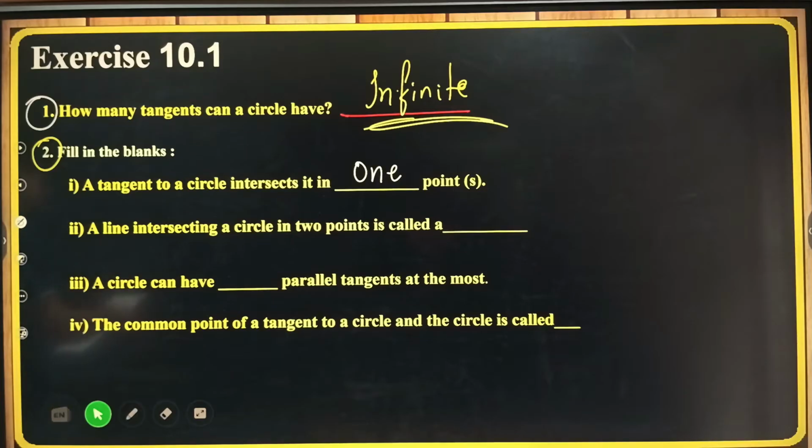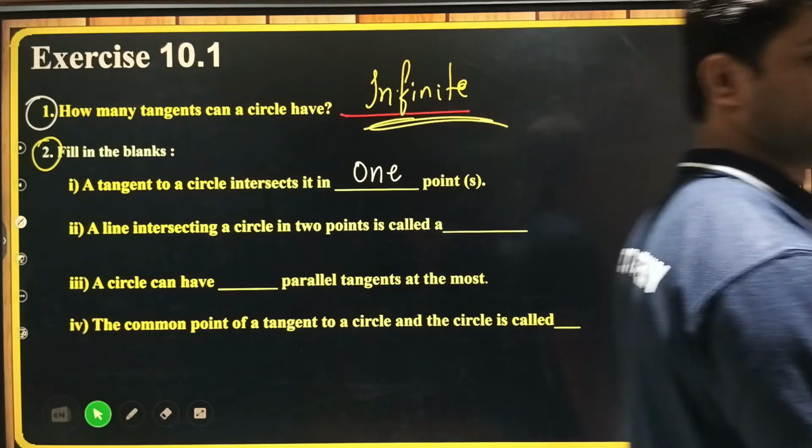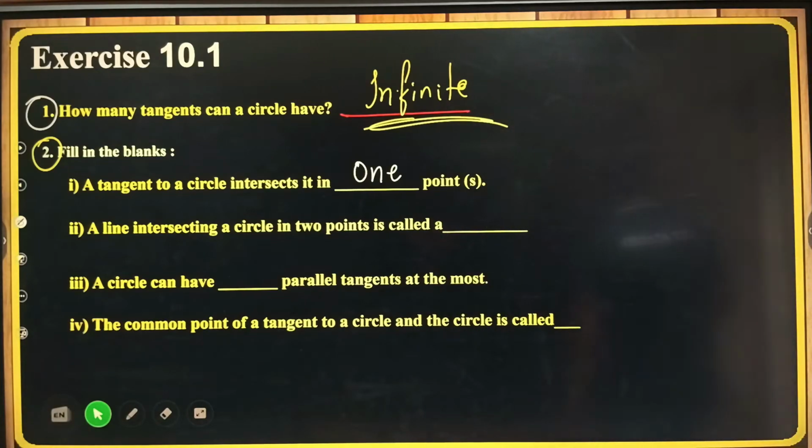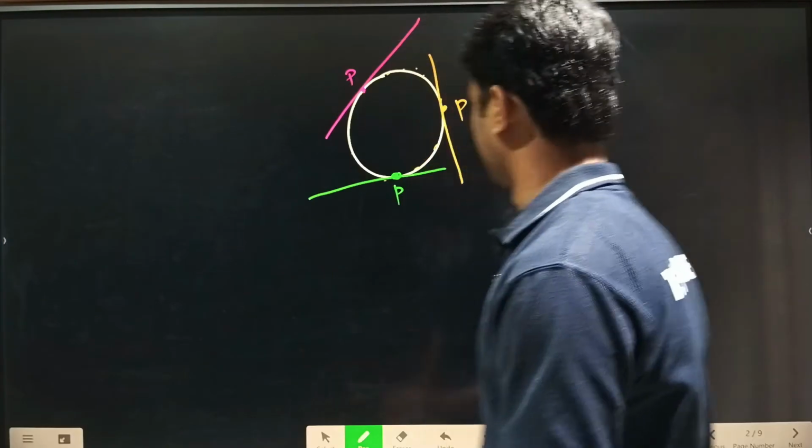Next one, the second fill in the blanks question. Read the statement. A line intersecting a circle in 2 points is going to be called a secant. Super.